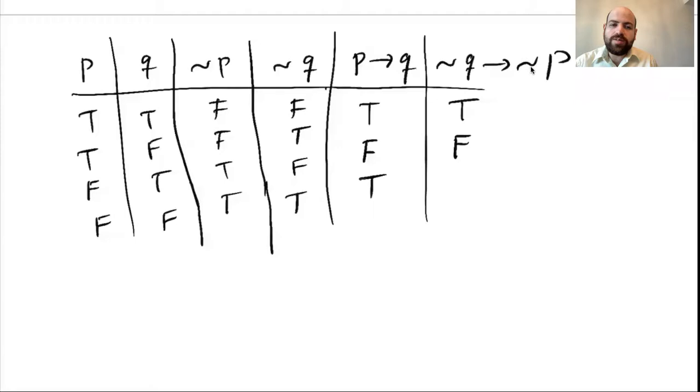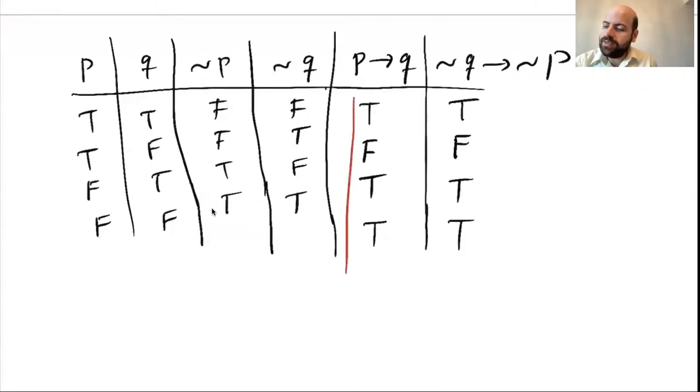And negation Q implies negation P. Look at the third row: negation Q is false, implies negation P is true. False implies true is also true. And the last row, false implies false is true. And negation Q implies negation P will be true implies true, which is also true. So now let's look at these columns.